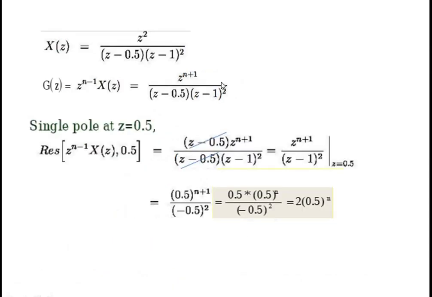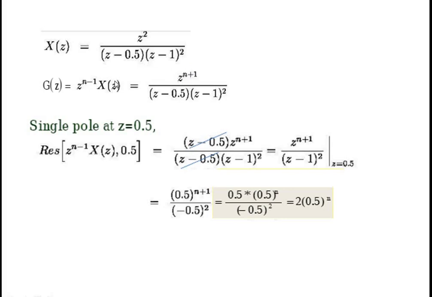Now we'll see another problem, and this question has repeated poles. One is a single pole at 0.5, and another is a repeated pole because it has a power of two. And one more thing: in partial fraction we used to check the powers of the denominator and numerator, but we need not do that in the residue method.